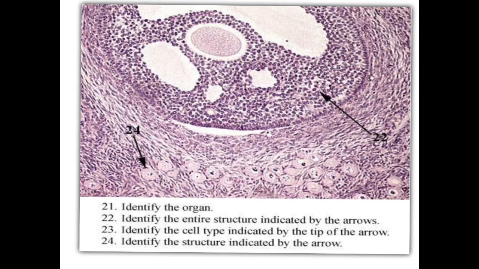Number 3, identify the cell type indicated by the tip of the arrow. Here the arrow was in this area, and the cell type is granulosa or follicular cells. Number 4, identify the structure indicated by the arrow. This is the primordial follicle because it is formed of a primary oocyte surrounded by flat simple squamous epithelial cells.